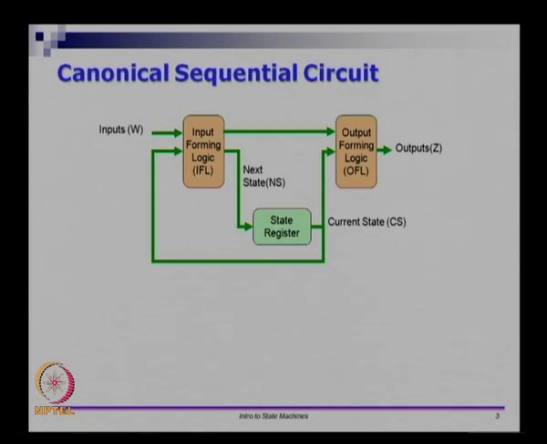So, let us look at a basic sequential circuit. I am going to call this the canonical sequential circuit, because this is the most complete form of a sequential circuit. In a canonical sequential circuit, you have a set of flip flops which are called the state register. Even though it is shown as one single box here, in reality it could be any number of flip flops.